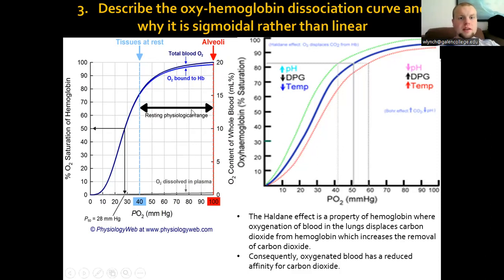So when we look at the physiological range, we're going to see that in the venous blood, about 40 millimeters of mercury or so of pressure is where we're at. Even though we only have 40 millimeters of mercury of pressure of oxygen here, we still have about 75% of our hemoglobin saturated with oxygen. That means that about 3 out of the 4 binding sites for oxygen at each hemoglobin are bound.